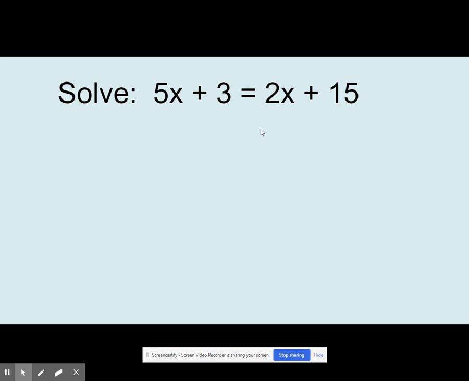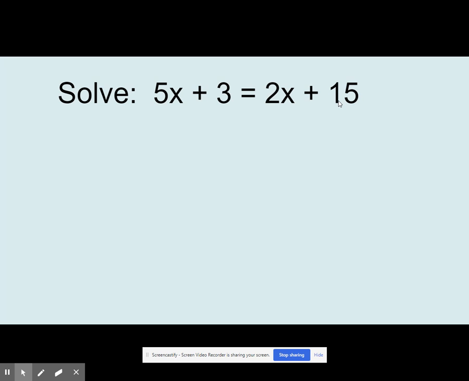Combine like terms. Can I combine 5x plus 3? So I've got an x, I've got a regular number, I've got a constant. I cannot combine them, so that's fine. Look on this side, can I combine them? Nope, nothing to combine. So we can't combine like terms. Go to the next thing on the list.